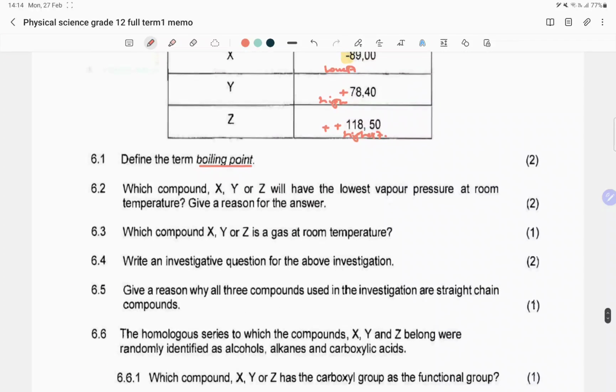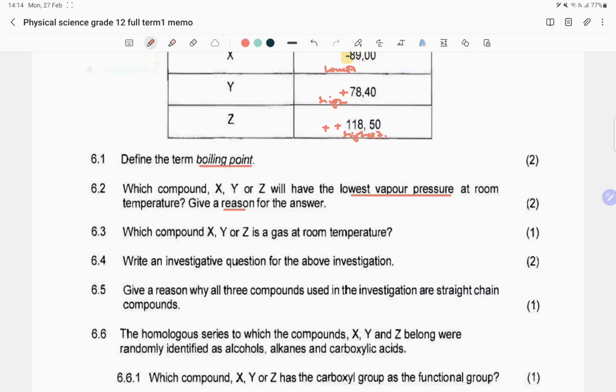6.2, it says now, which compound X, Y, or Z will have the lowest vapor pressure at room temperature, and give a reason. Now remember, the one with the lowest vapor pressure, it means the molecules are held together. A gaseous phase is what forms the vapor, isn't it? Because this is when the molecules are sparse or far apart.